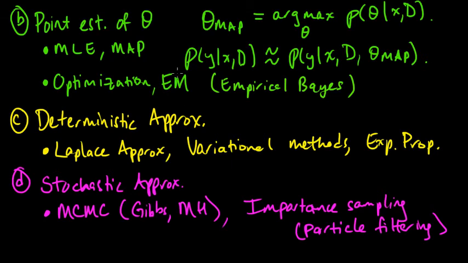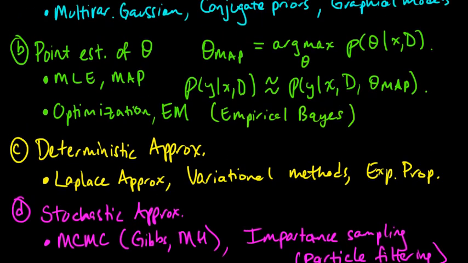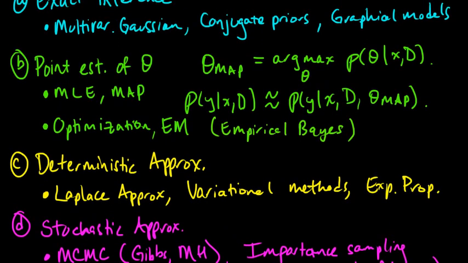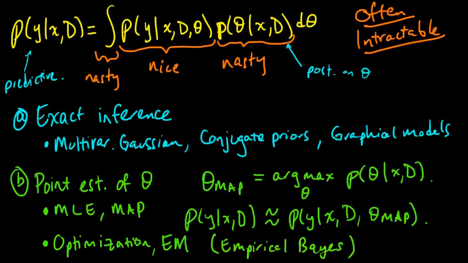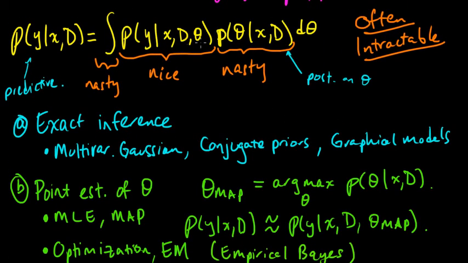All these things that I've listed out here are sort of the core concepts and methods in machine learning. And they all arise in a very natural way, as we've seen, from trying to solve this fundamental problem, which often is intractable.